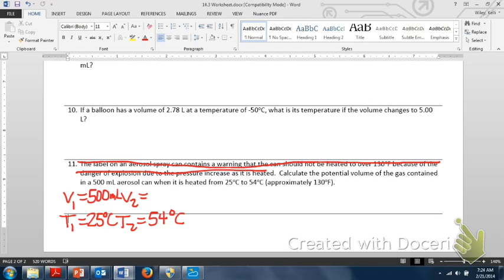Now you just have to do your changes. Add your 273s. 25 plus 273 is 298. 54 plus 273 is 327.